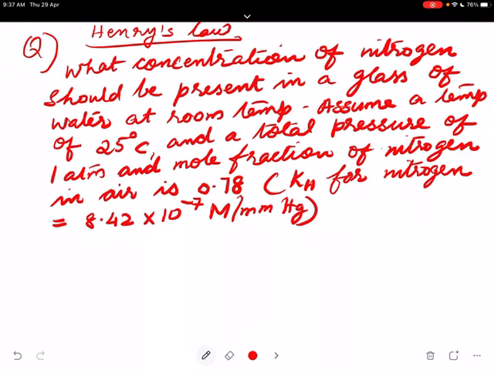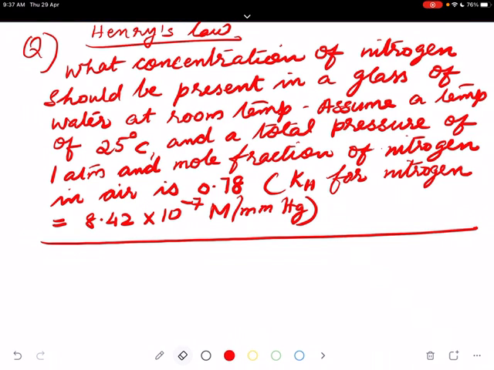We know Henry's law in general form. Henry's law in general form is PB is equal to KH into XB. This is the general form, the common form.